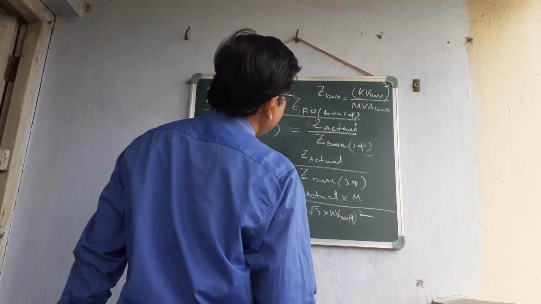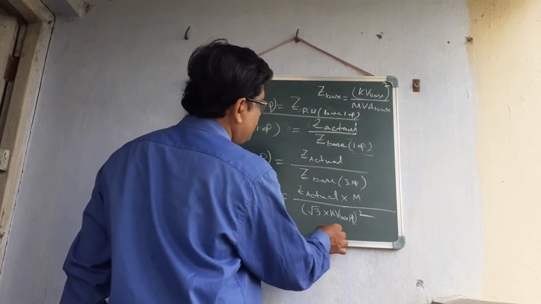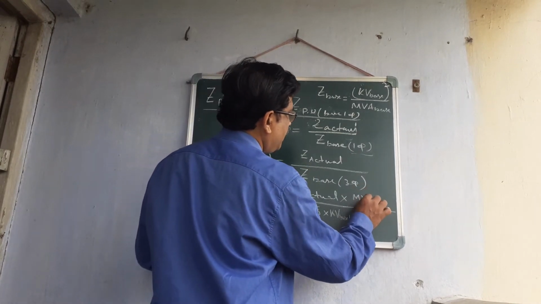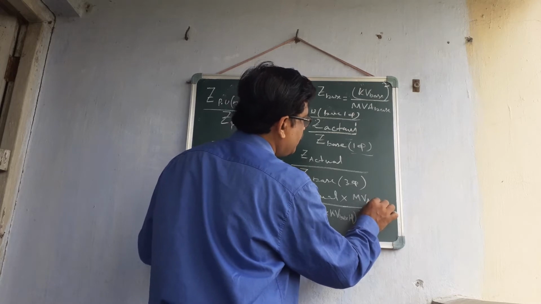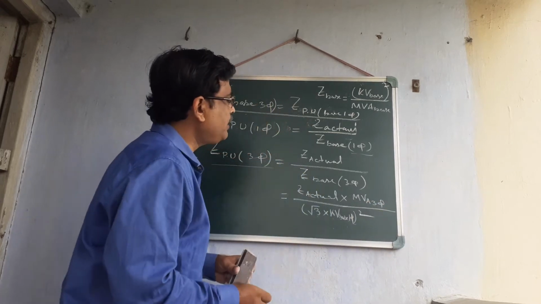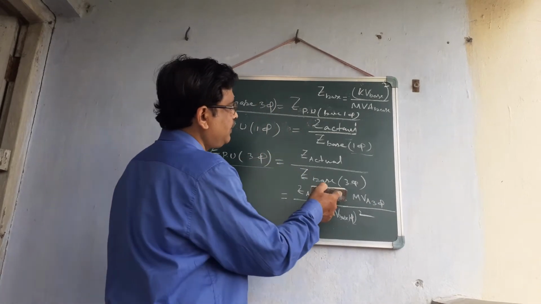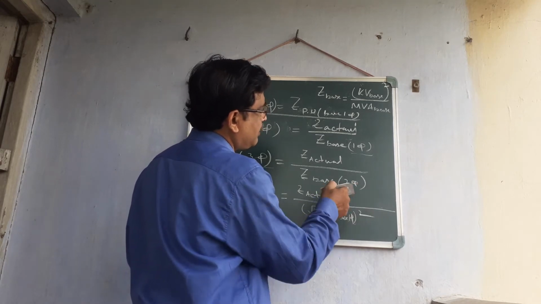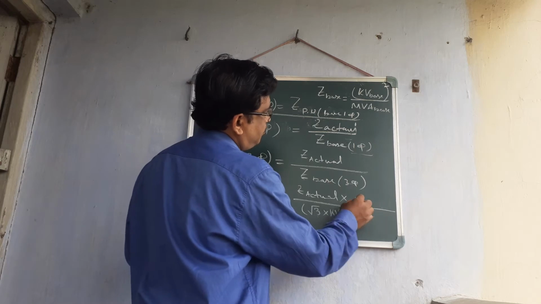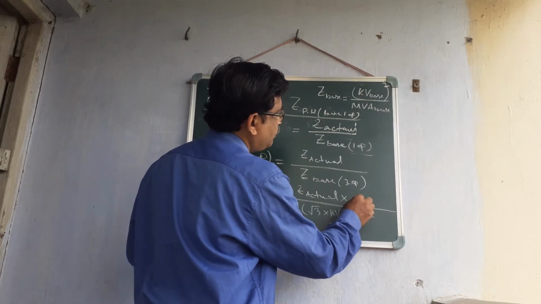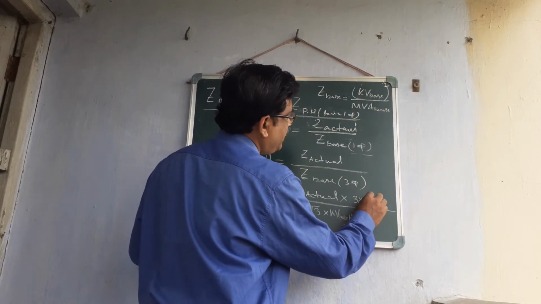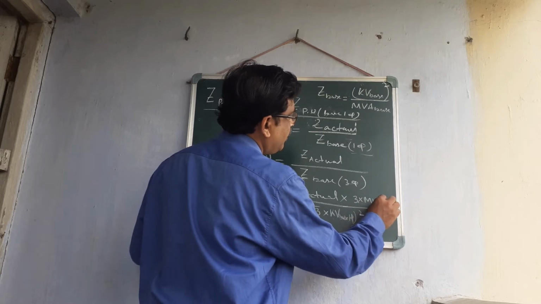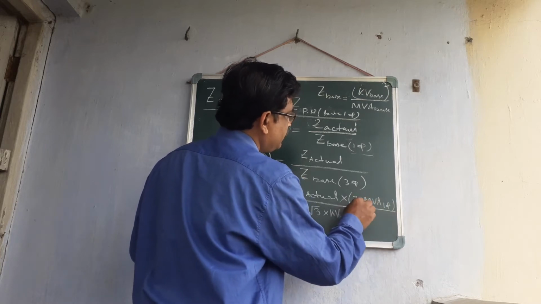Z three phase means kV square by MVA. MVA three phase system means, once again, we can convert it: 3 into MVA of single phase system.